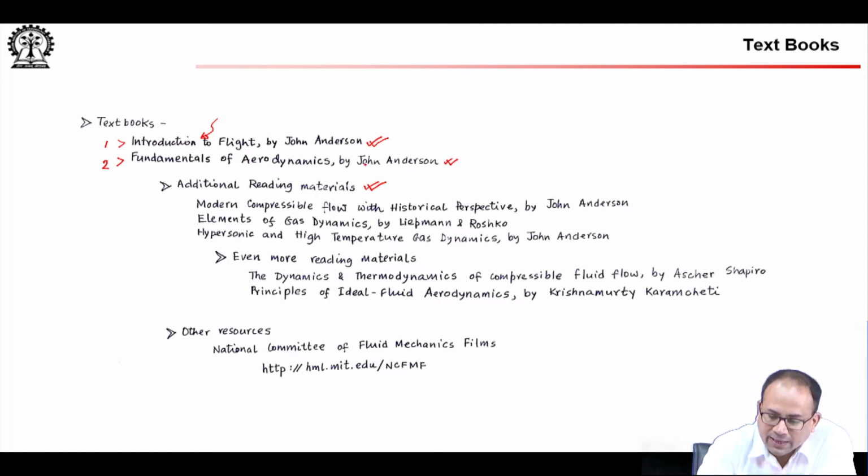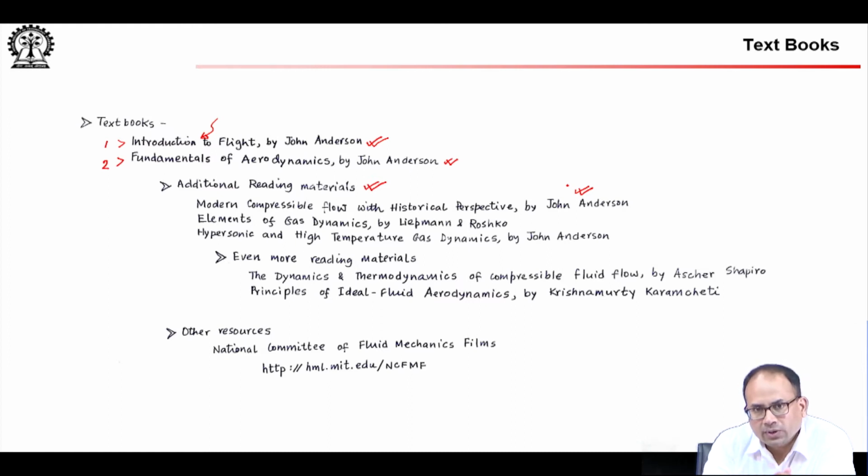I have this bias for Professor Anderson, not because I was one of his students back in grad school at the University of Maryland, but because you will see that a lot of aerospace professionals hold Professor Anderson in very high regard for the textbooks that he has contributed to the aerospace community. In fact, Professor Anderson has about 6-7 benchmark textbooks in different topics in primarily aerodynamics, and Introduction to Flight is also by John Anderson.